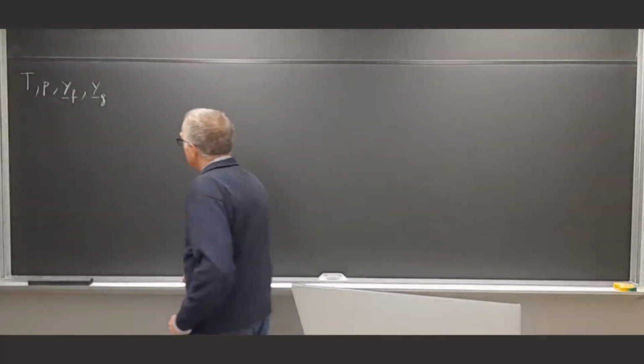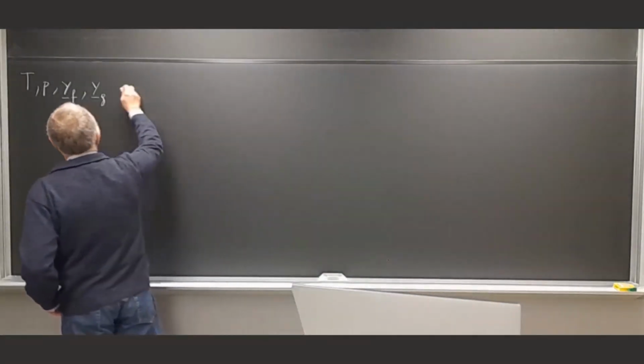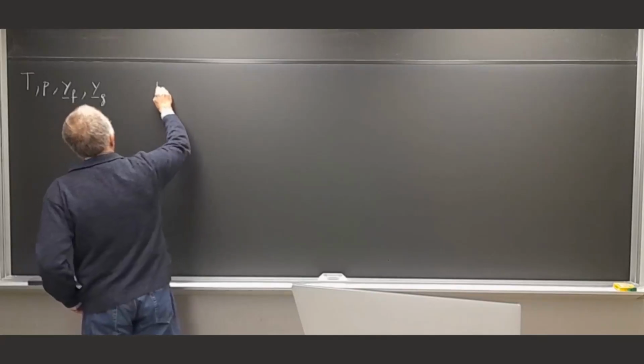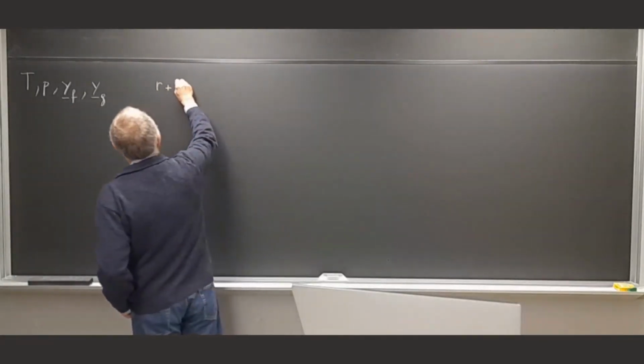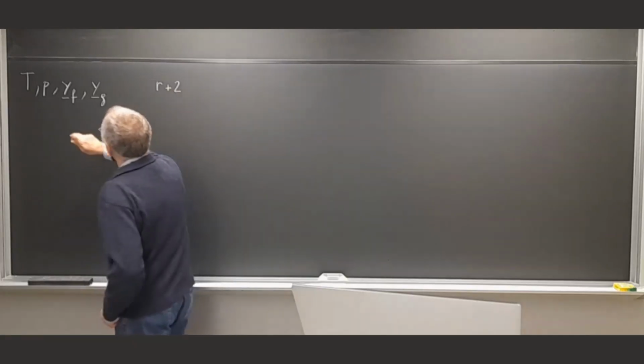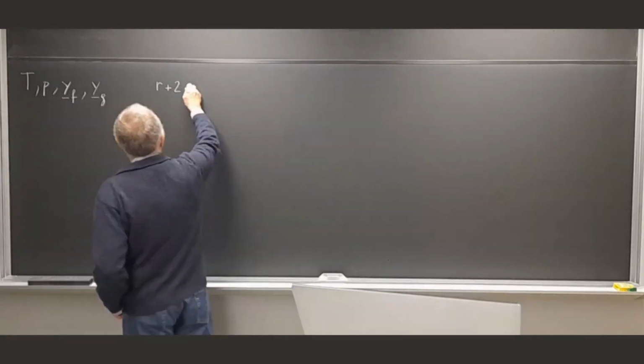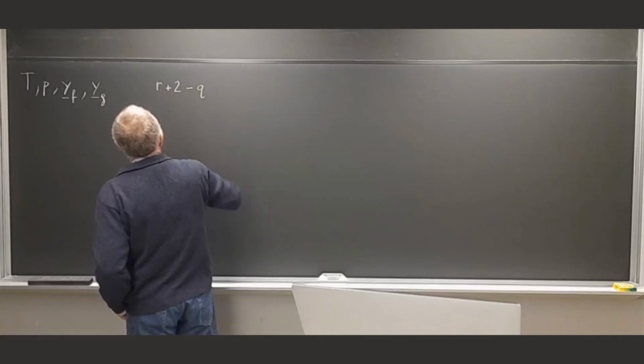depending on how many components you have, R is the number of components, plus 2 minus the number of phases.